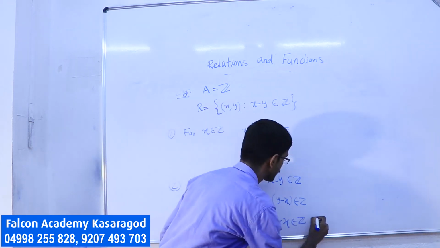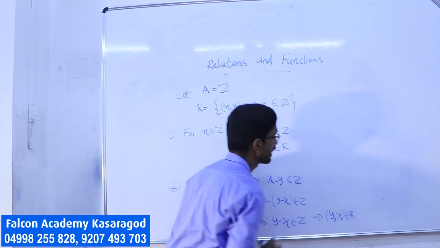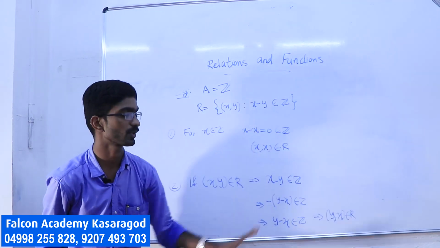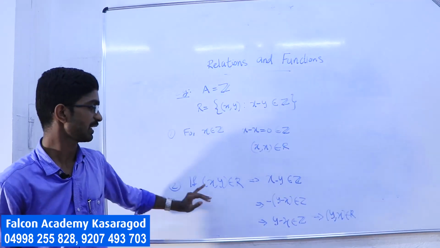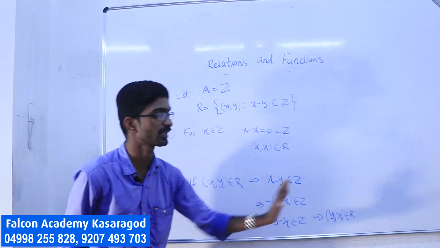This will show that (y, x) belongs to the relation R. Thus I can say, if (x, y) belongs to the relation R, then (y, x) is also inside R.